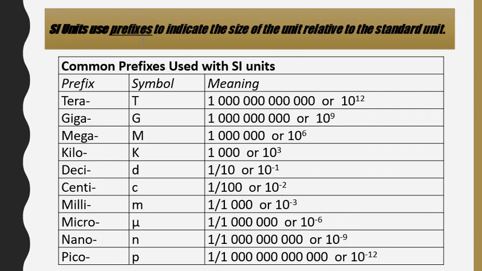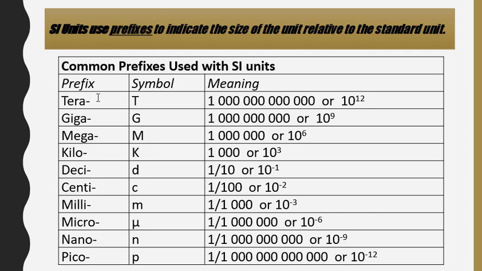SI units use prefixes to indicate the size of the unit relative to the standard unit. We have the standard unit, for example, the meter. Now, there are measurements that are greater than a meter or less than a meter. So in SI units, there are what we call prefixes. The prefix, from the word pre, meaning before, is attached to a unit.